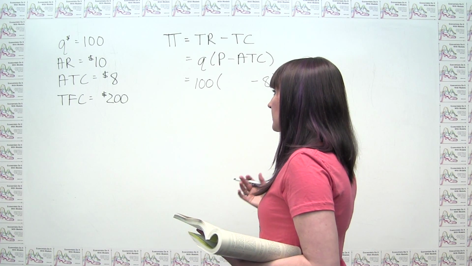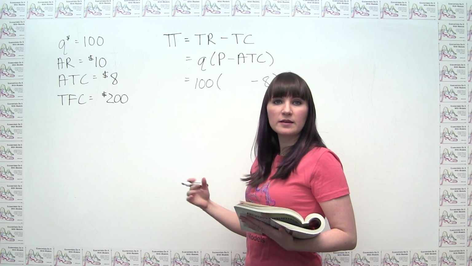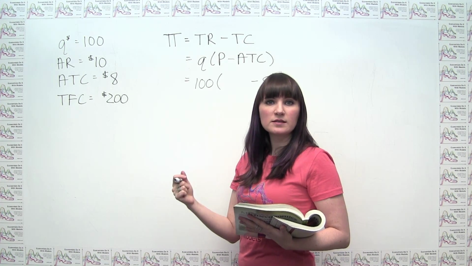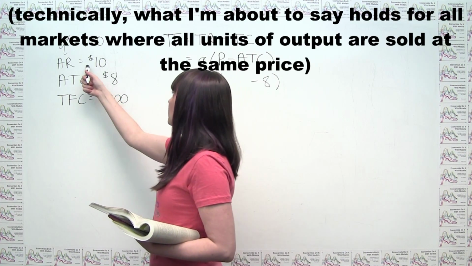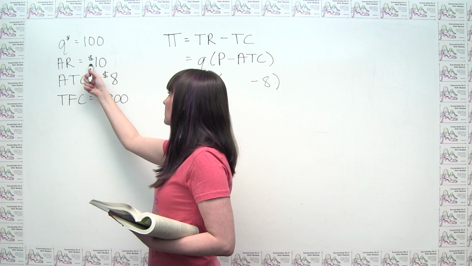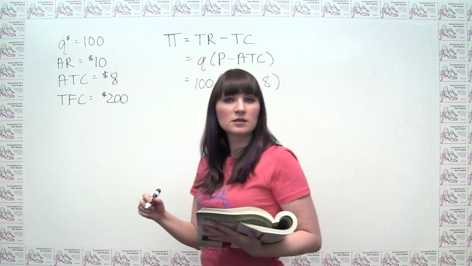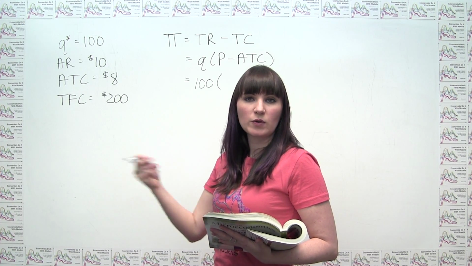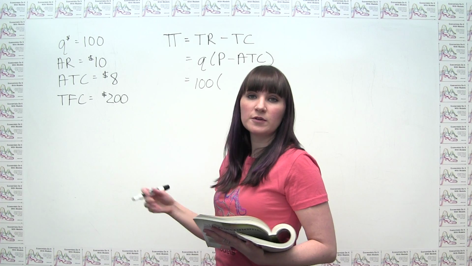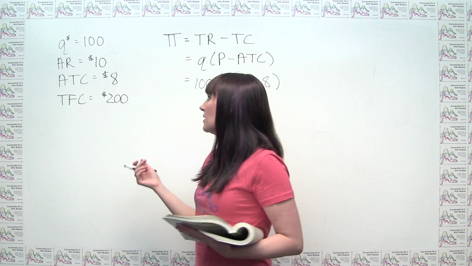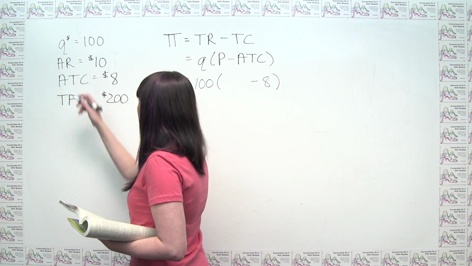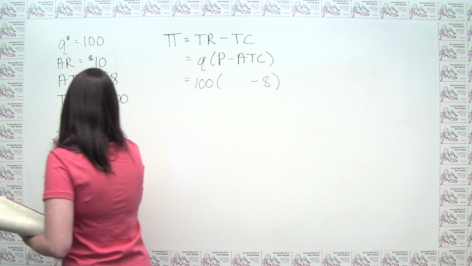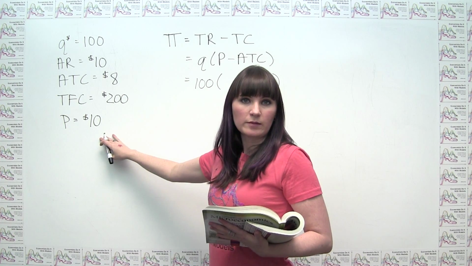But one of the things that we said is that because in a competitive market, the firm is just selling as much as it wants at the market price, then if our average revenue is $10, that means that for each unit that they're selling, they're bringing in $10. Well, if they're selling all the units at the same price, it must be the case then that the price of the output is also $10, right?